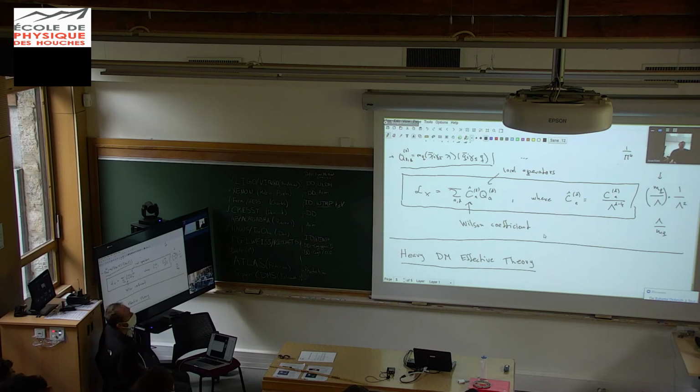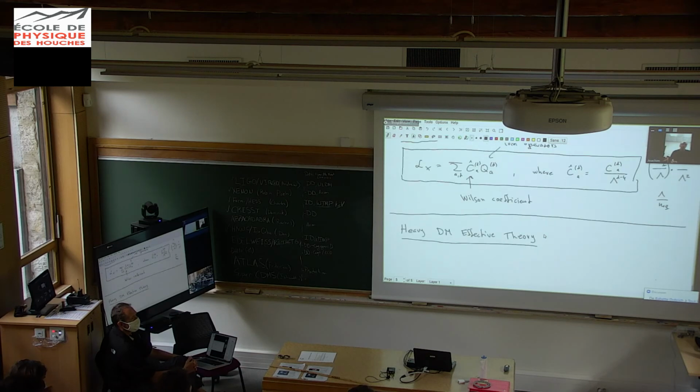And it was simple because this mediator particle never appeared as an external state. So we can just approximate everything in terms of a contact interaction. Here, for the dark matter, it's a bit more non-trivial to neglect inverse powers of this heavy mass, because the external particle just has its mass. So you cannot just drop parts of this mass that it has. Okay, so one has to be a bit more careful.